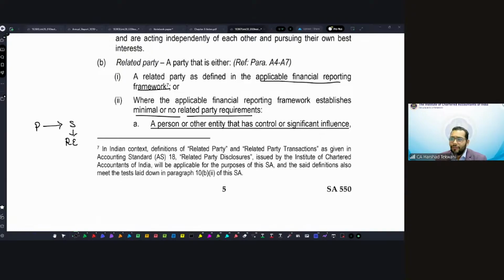It is normal 143. So there is one point in the 143 which talks about whether the transactions entered are prejudicial to the interest of a company. It doesn't say related party transaction, but it talks about whether the transactions of the company are prejudicial to the interest of the company.